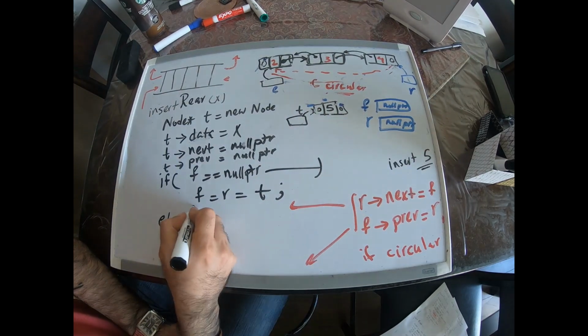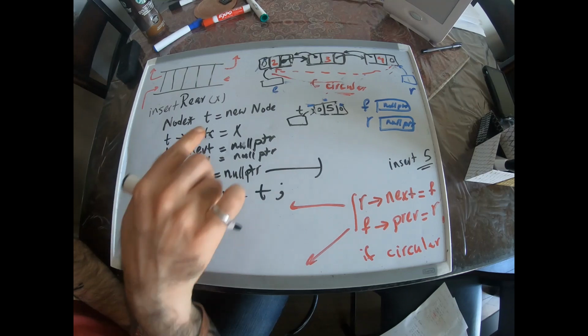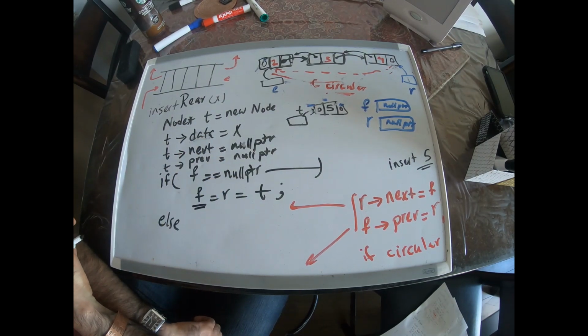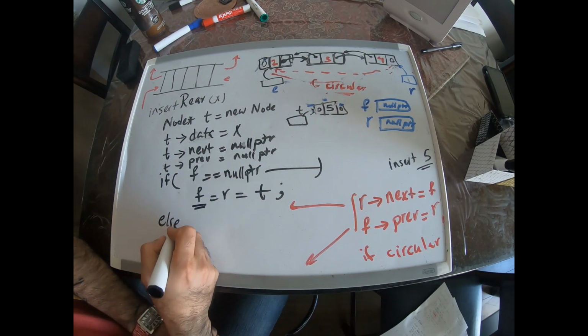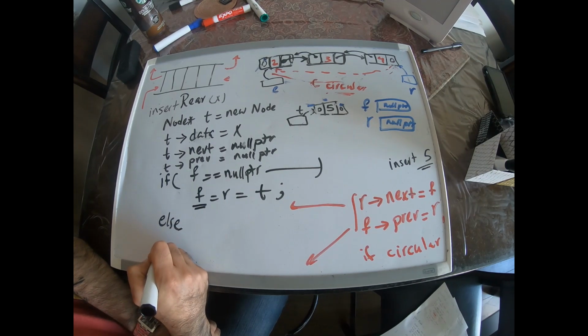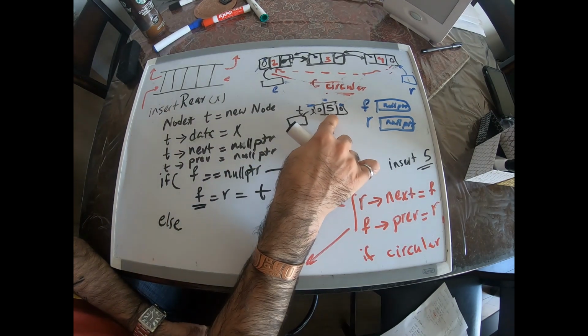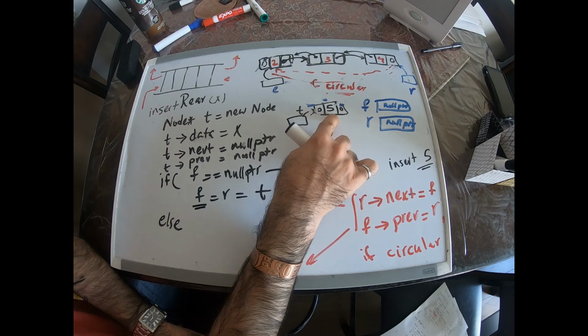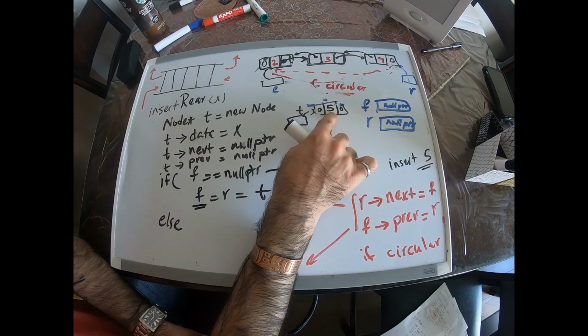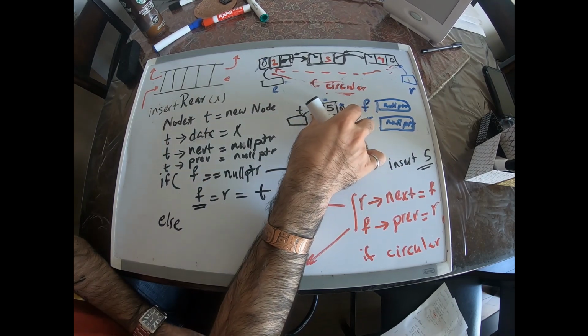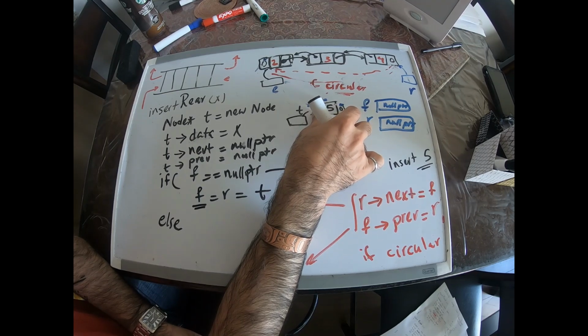The only time that I need to change the front is if this is the first number I want to insert. Okay, if that's the case, what do I need to do? I have already allocated, right? I have put the data in this new node. I have initialized both of the pointers of this new node.